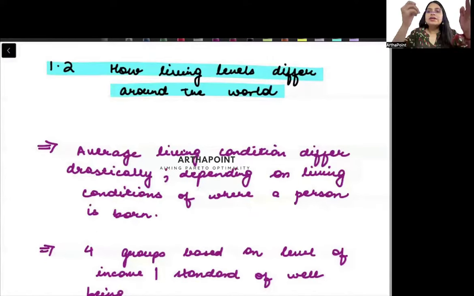I can divide the entire world according to different levels of income. अगर हम अपने ही आसपास देखें, we will be able to see people who don't have good clothes to wear, who sometimes take clothes from other people and wear that, who don't have good slippers, उनके पास अच्छे जूते चप्पल नहीं होते हैं, who may not have a pakka house, may not have a good home to live in.